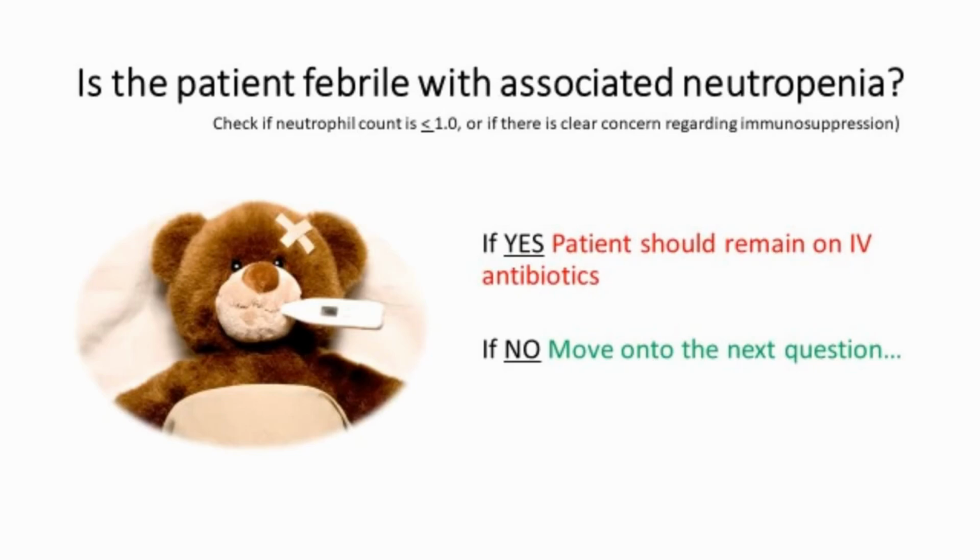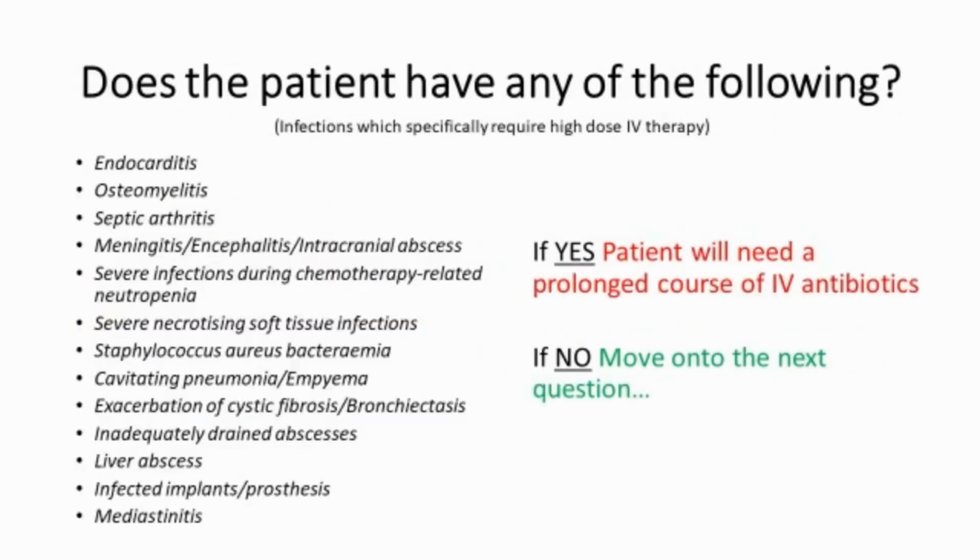If the answer to this is no, then we can wrap up this aspect of consideration and move on to further questions. Does the patient have any of the following severe or deep-seated infections? Endocarditis, osteomyelitis, septic arthritis, meningitis, encephalitis, intracranial abscess.